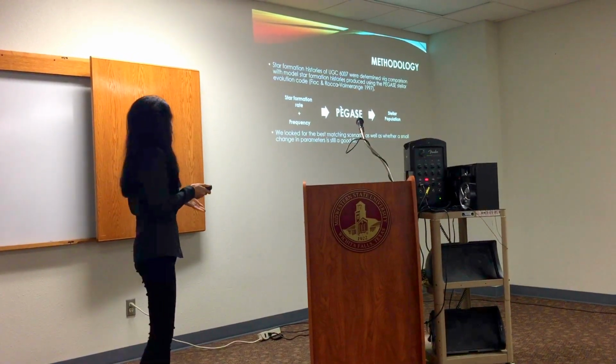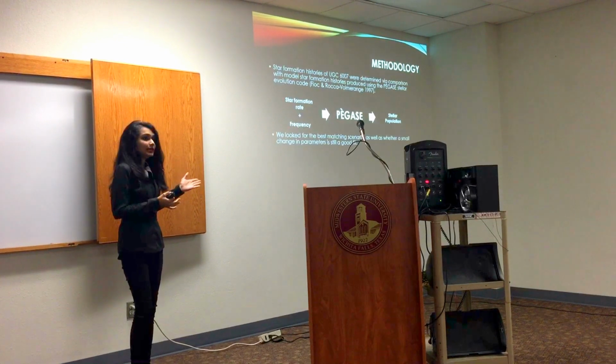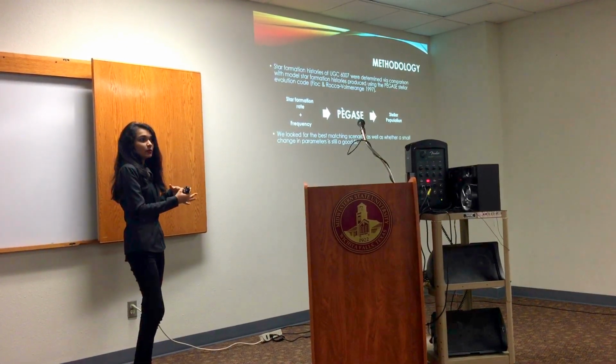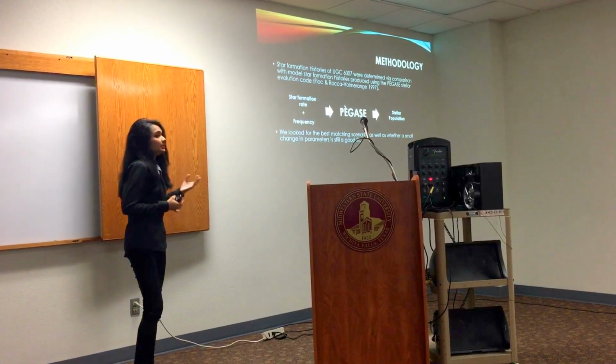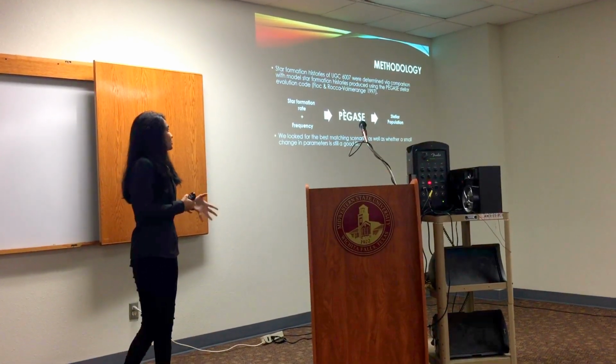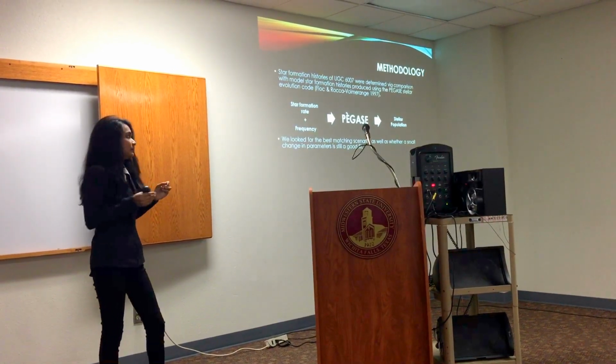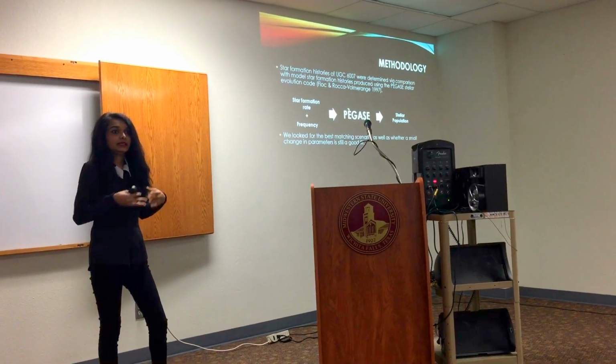I input the star formation rate and the frequency into this code, and PEGASE would evolve the stellar population. And I can look for the best matching scenario, as well as whether a small change in parameters is still a good fit.